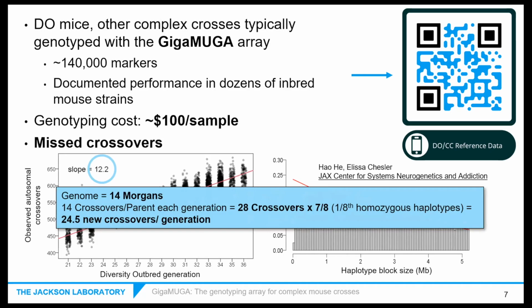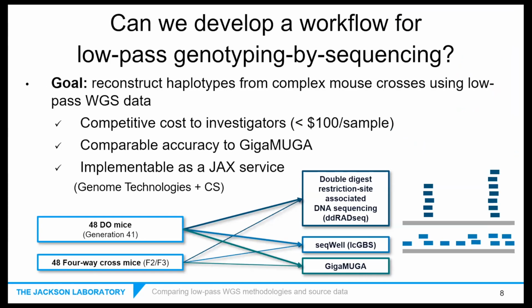And one way we can go about reducing costs and adding resolution is by finally pursuing a whole genome sequencing approach to genotyping the DO mice. So the goal for this initial pilot study was to provide a competitive cost to investigators that runs them less than $100 a sample with comparable or better accuracy or precision compared to the GigaMUGA array, and also implementable as a service way down the line.